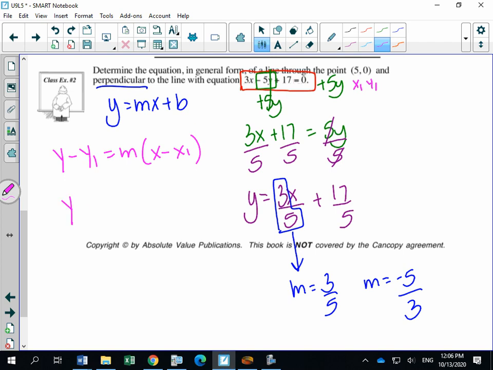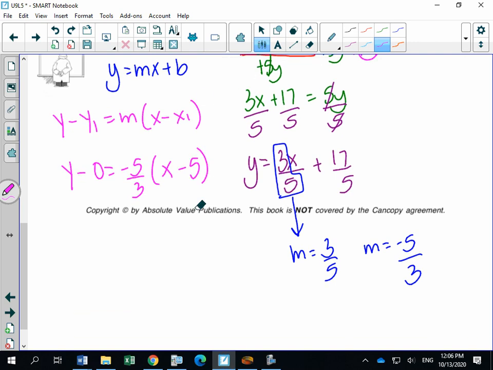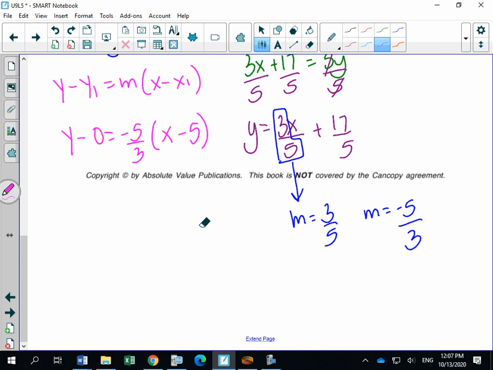Okay, so y minus, I'm going to put the 0 for now and I'll get rid of it after, y minus 0 is equal to the slope, negative 5 over 3, times x minus 5. Yeah, so if you're given a slope and a point, put it into slope point form is one easy way. Y minus 0 is the same thing as just saying y is equal to.